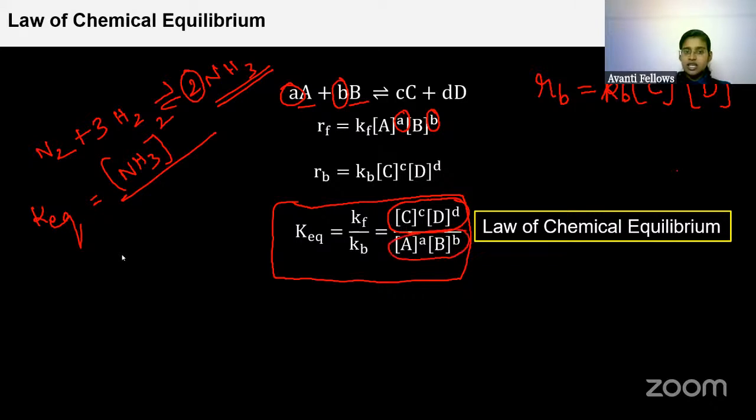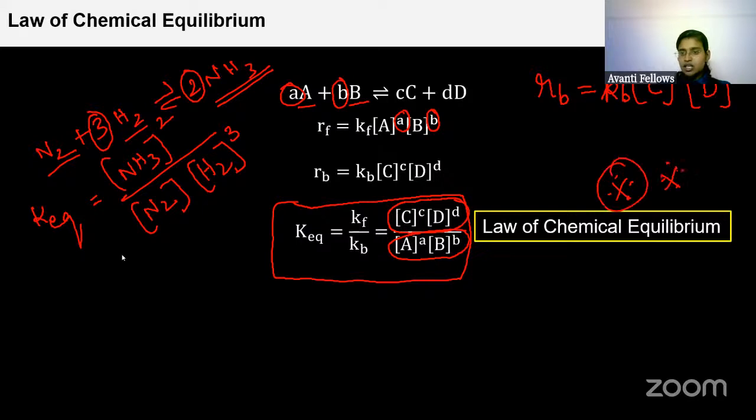I have two reactants, N2 and H2: concentration of N2 into concentration of H2. H2 has 3 as a stoichiometric coefficient, right? So put that in the power. This is how you have to write the Keq, and this is called the law of chemical equilibrium, which is very, very, very important.